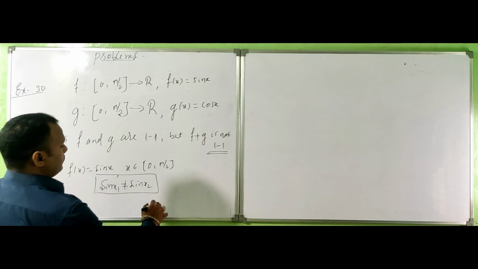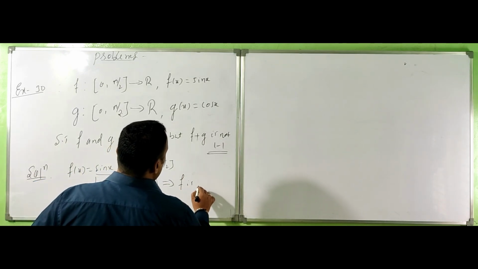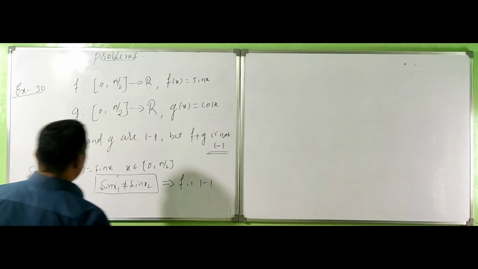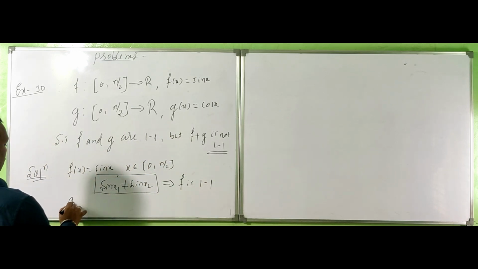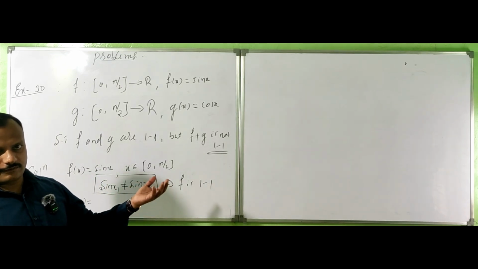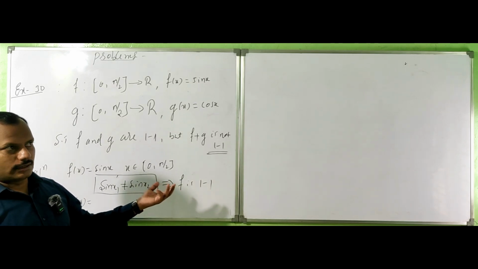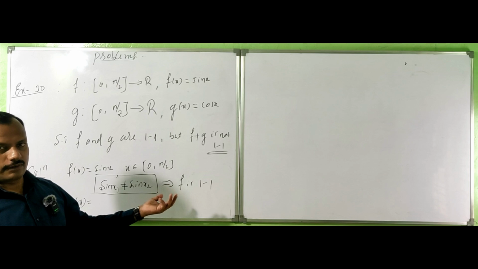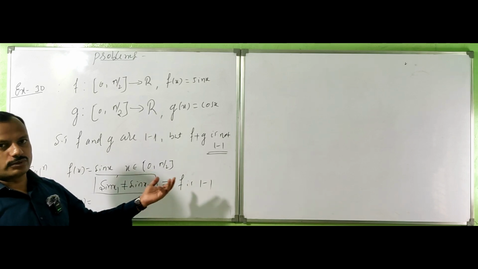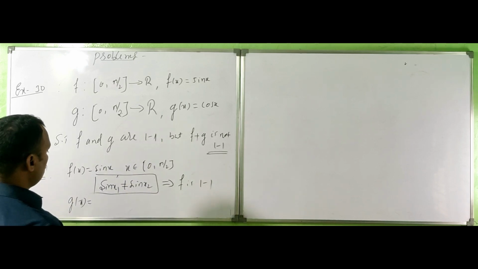So this implies that f is 1-1. Similarly for g of x, we cannot prove it from 0 to pi, because they have different values. For 30 we have 1 by 2, for 45 we have 1 by root 2, for 60 we have root 3 by 2, and for 90 we have 1, different values.